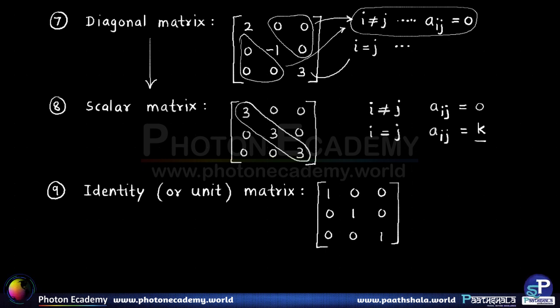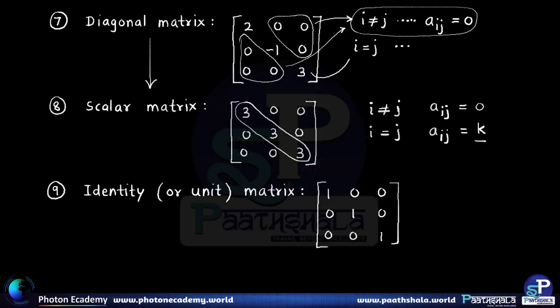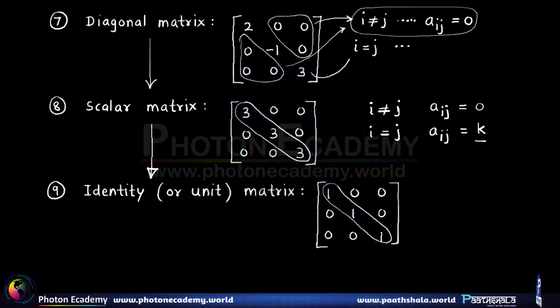Now moving on, we have a very important matrix called the identity matrix or a unit matrix. This is a special case of the scalar matrix. That is, it's a scalar matrix in which all the diagonal elements specifically have the value 1. So here we see the diagonal elements are all 1, and of course all the other elements are 0.